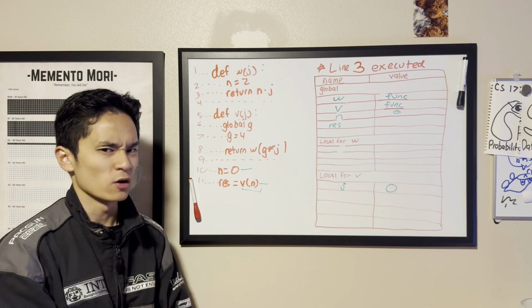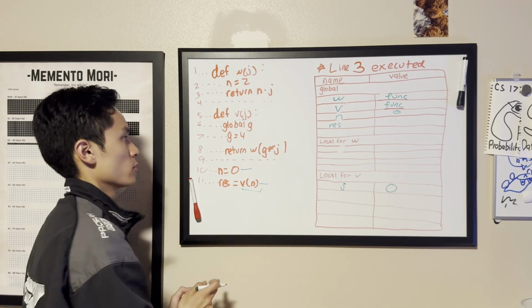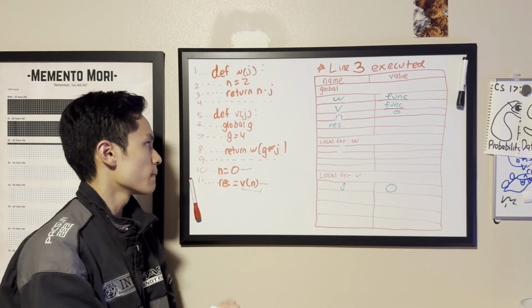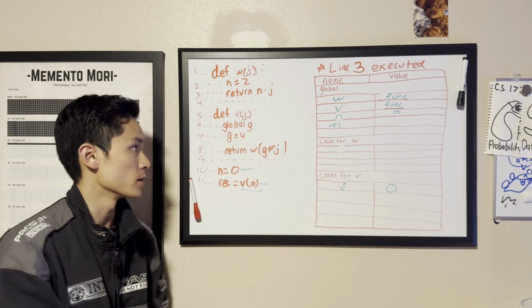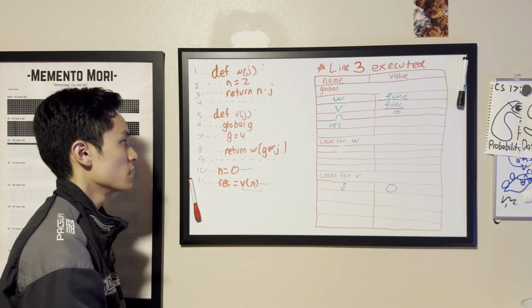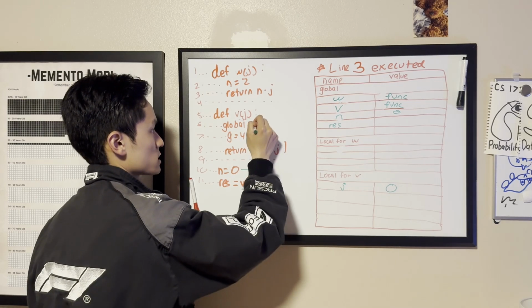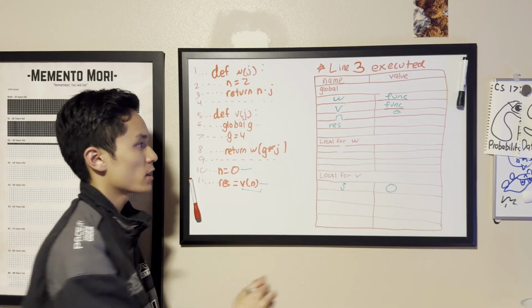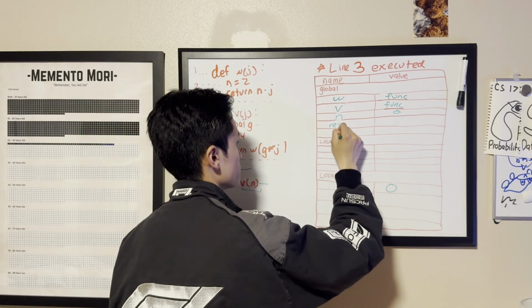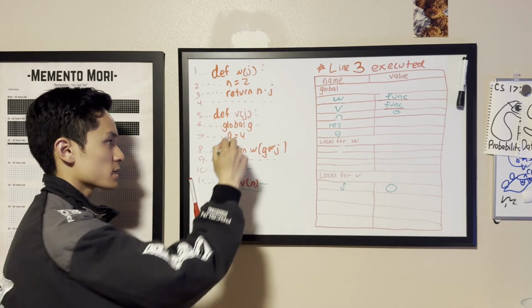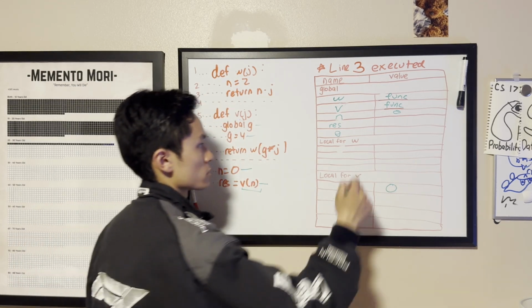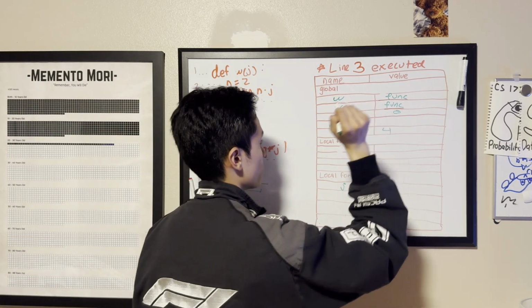Next, we have to ask ourselves, did we make any local variables? Just looking at the code right here, we actually created a global variable using the global keyword. So we didn't make any local variables, but instead we executed this line, which creates a global variable. So we will write down g. And then next up, we set g is equal to 4, so that line is executed.